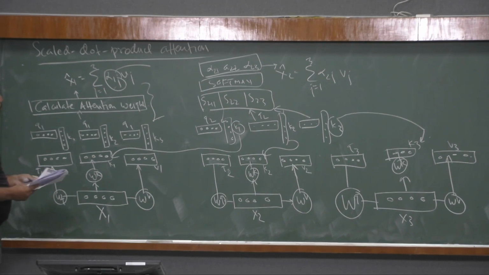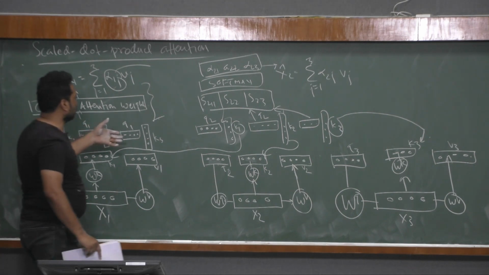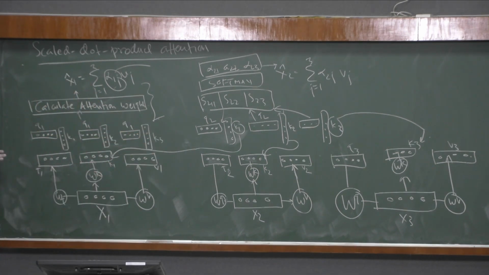dot product. Self dot product attention. And then again, like in the previous case, we can make this into matrix operations, because just like in self attention, we could stack x1, x2, x3. We can do similar stacking here.